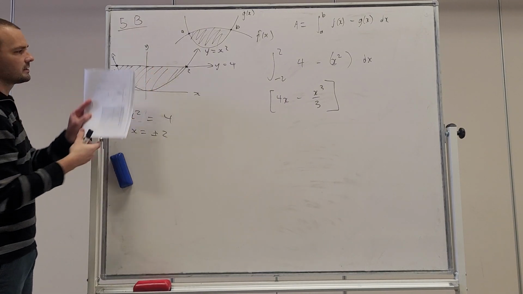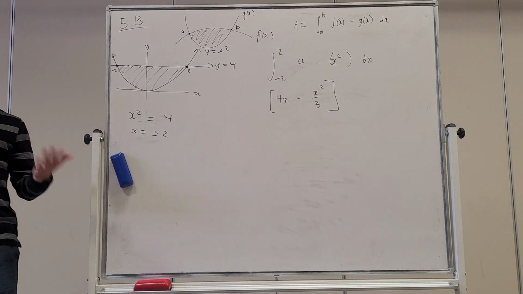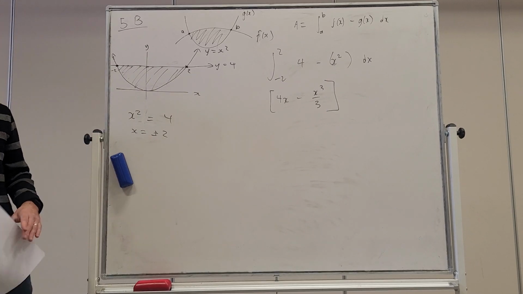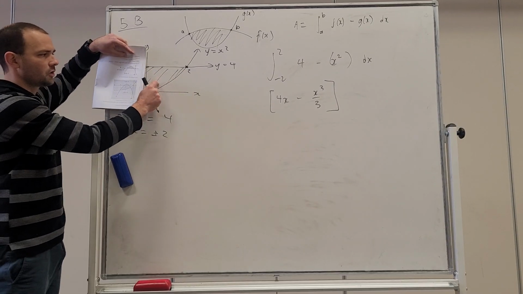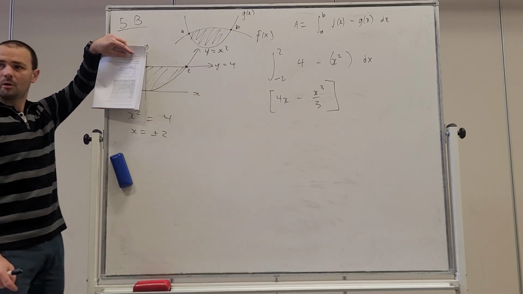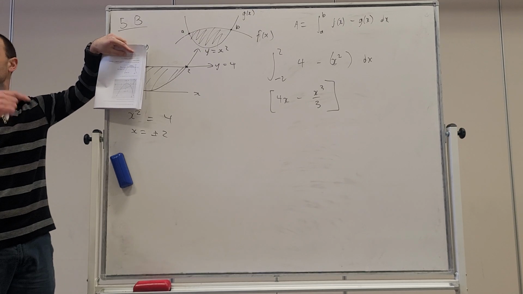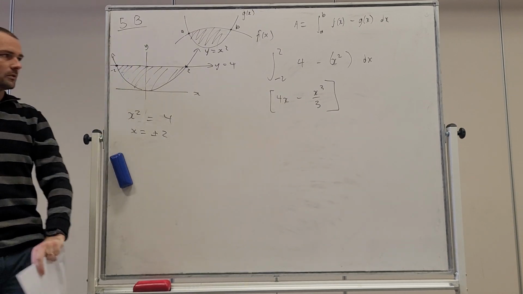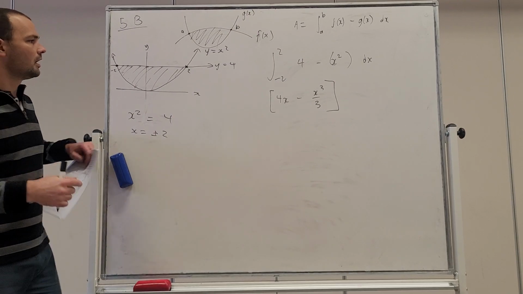This area here is the same as this area here. So another way I can say that it would be true is that the whole area is equal to 2 times this area. All right, and what that's going to allow me to do is substitute 0. 0 is heaps easier to deal with than putting in minus 2, right? There's less calculations for us to do. So I just want to show you that's something you can do if it is symmetrical.